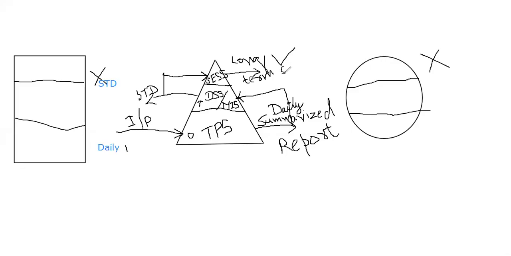So basically, when we talk about organizations, you have heard two types of words: strategies and policies.